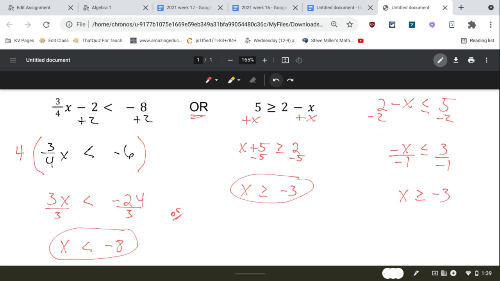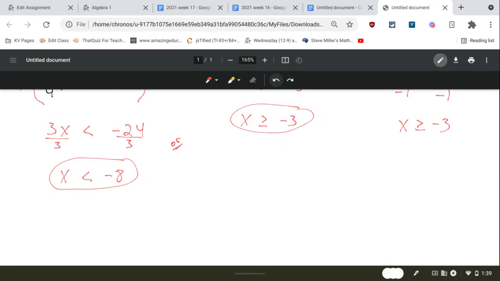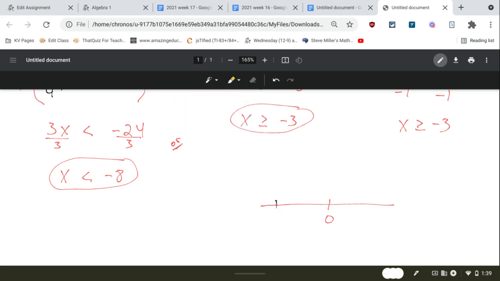All right. As far as the graph goes, let's go ahead and graph the solutions here. Zero's in the middle. Okay, so at -8, I'm going to have an open dot, and I want the numbers that are less than -8. That's what that says there, less than -8.